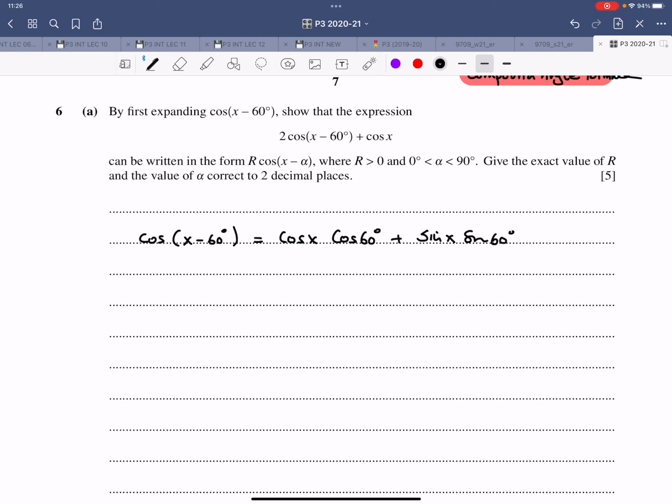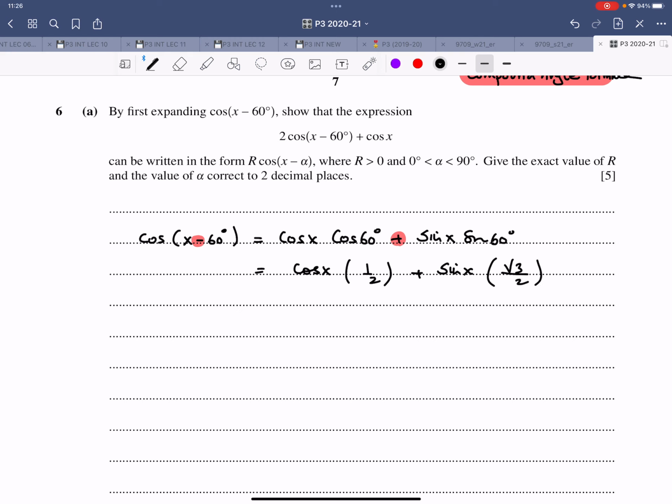Focus on the dots that I'll be putting. This negative sign becomes a positive sign. That's the main thing. We can use the ratios: cosine 60 is half, and sine 60 is root 3 over 2.